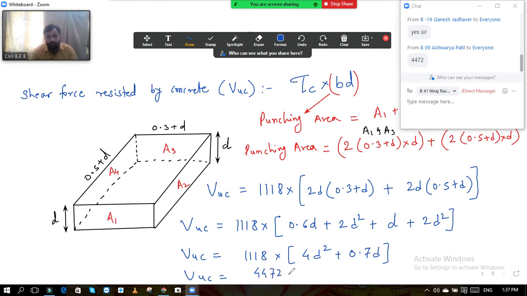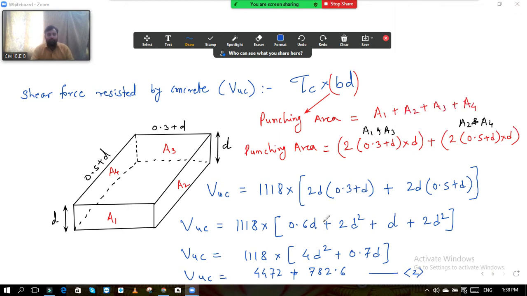Please do the calculation. Plus again 1118 into 0.7. How much is it? 1118 into 0.7 is 782.6. This is your equation number 2.